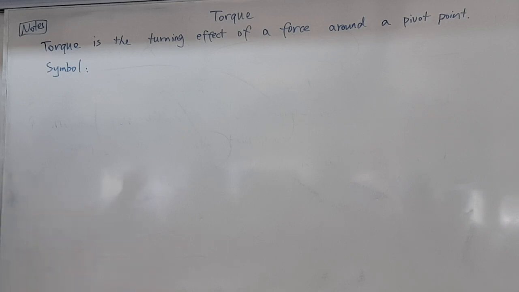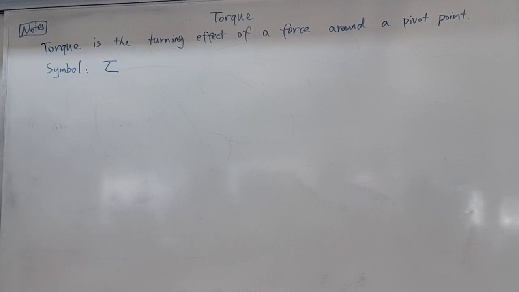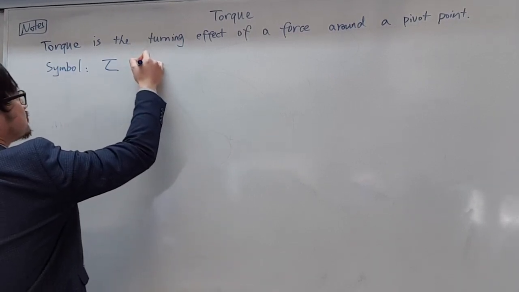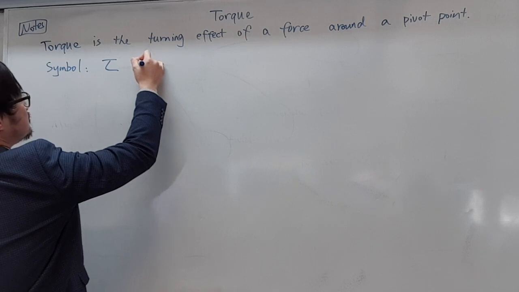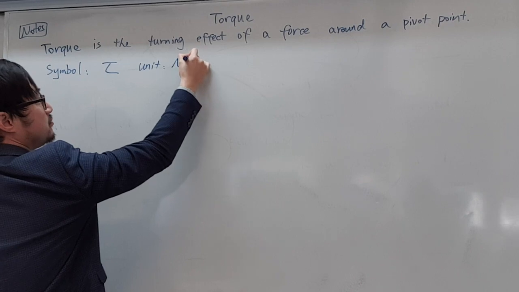And the symbol is tau, a Greek letter for torque. And then the unit is going to be Newton meter.